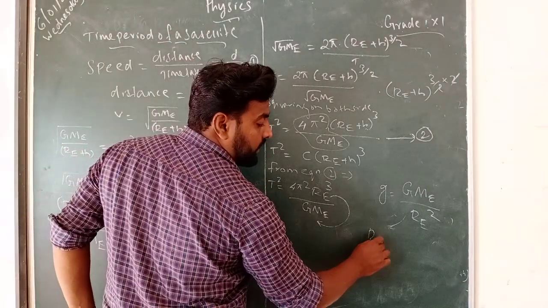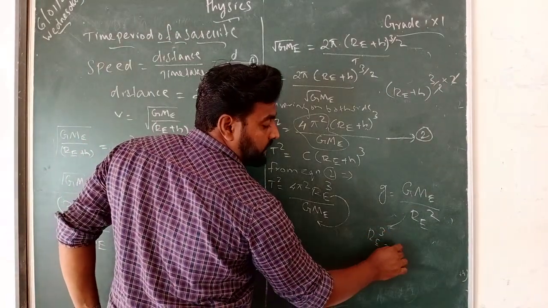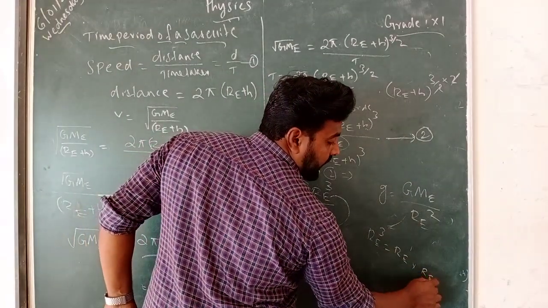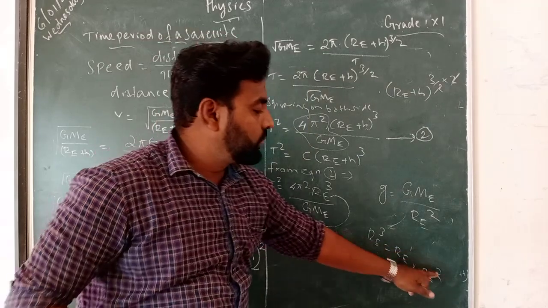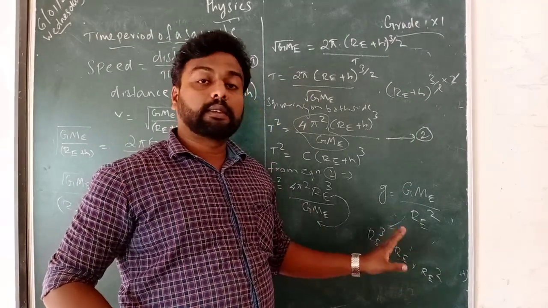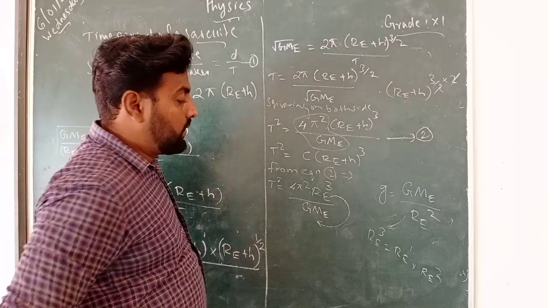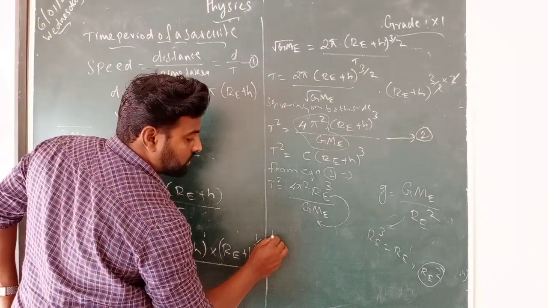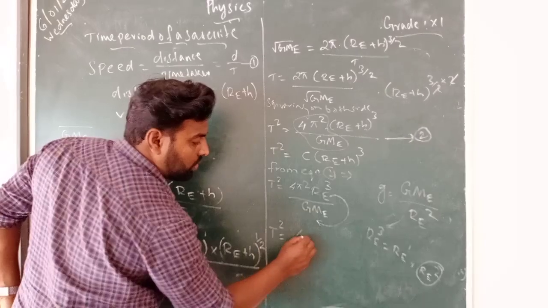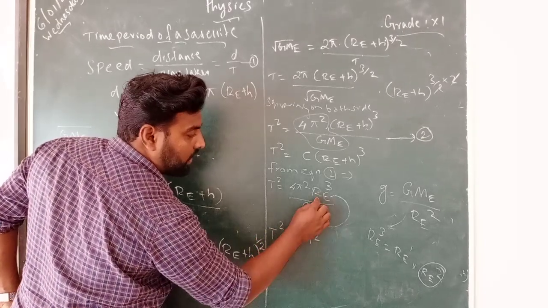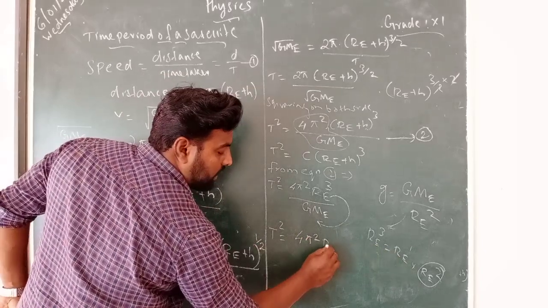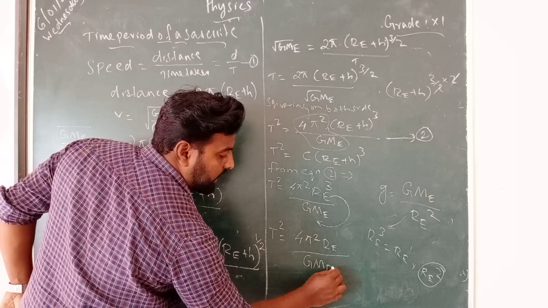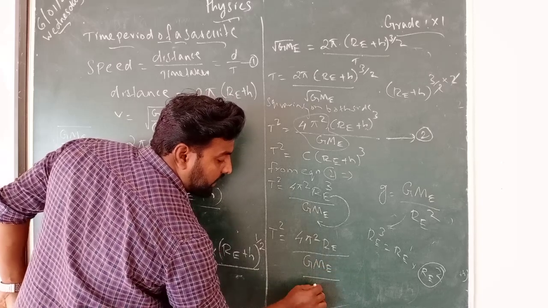R_e cube is split into R_e into R_e square, one plus two is three. So T square is equal to 4 pi square, here one R_e is there, then GM_e by R_e square.